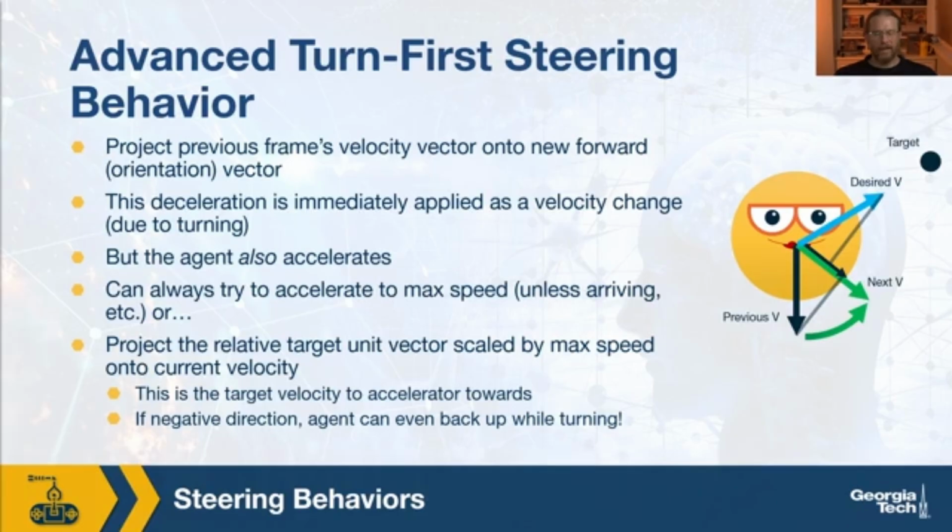So we have a unit vector direction that the agent has just turned towards. That's the direction where the forward vector is now facing. We project the previous velocity, which would include both the direction and the magnitude. We perform a projection onto that new facing direction.